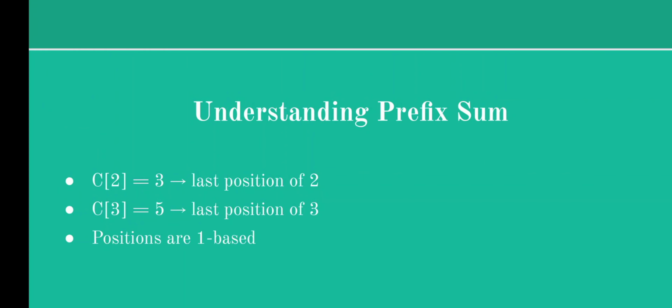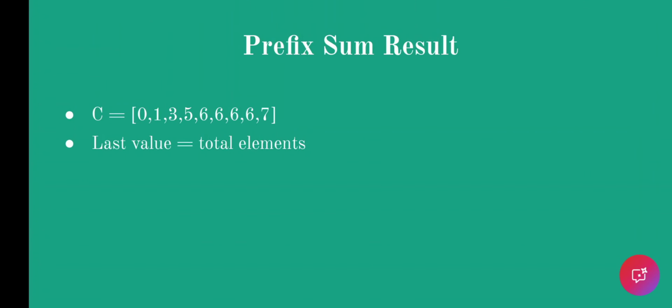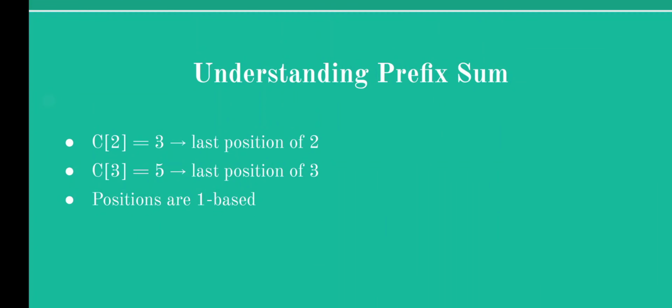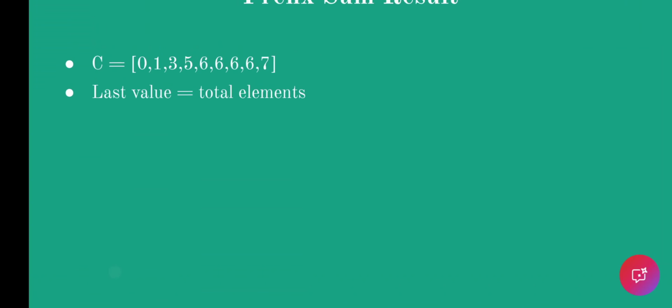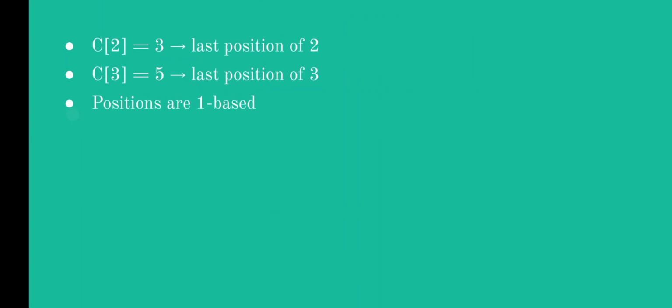It means that the last position of 2 is C. And if we see C3 is 5, if we count 0, 1, 2, 3, it is 5. Like this, it is 5. It means the last position of 3. That is how it is being calculated. And positions are 1 based.